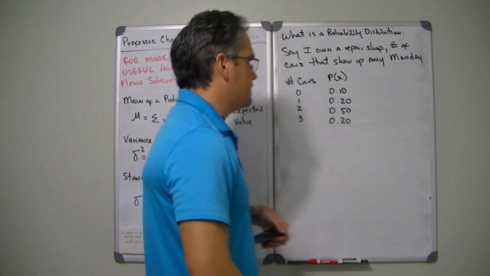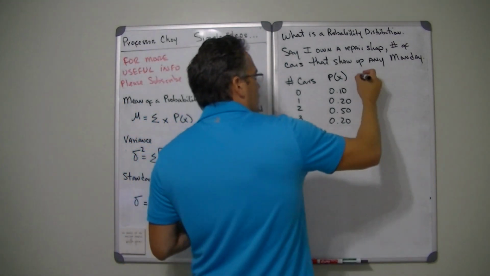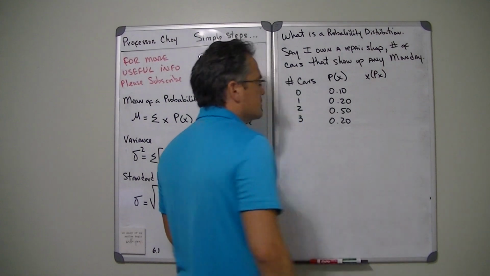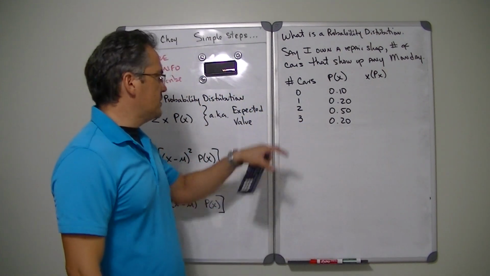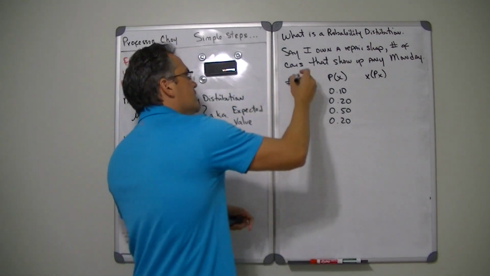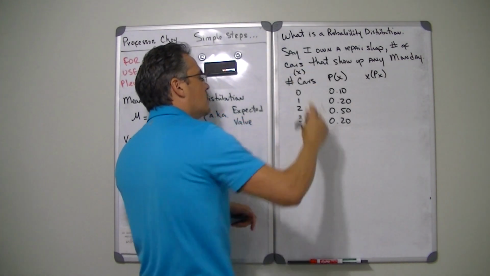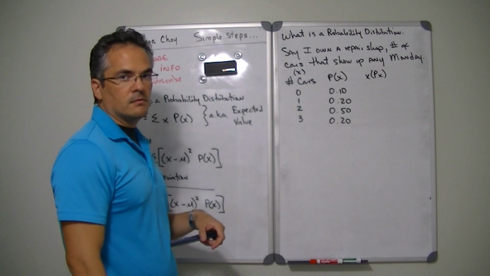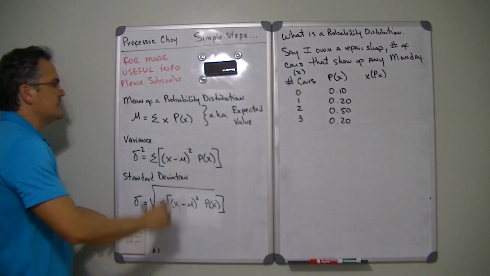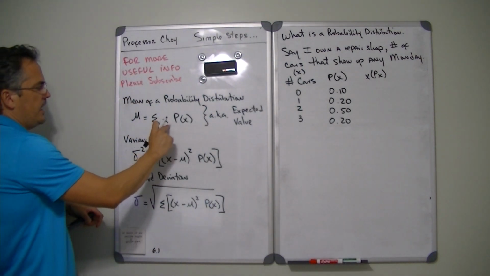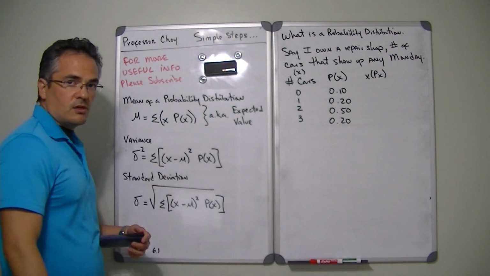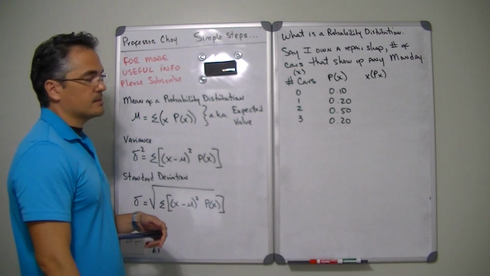Alright? X p of x is just when you take x, which is this number of cars that you saw, and then you multiply it times the probability of each one of those events occurring. So the formula says that I have to do summation of x times the probability of x.